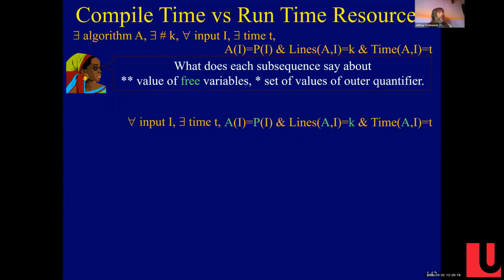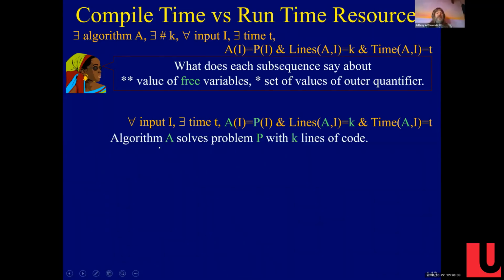Okay, great. So now we bring in for all input there exists a time, and so we have fewer free variables. So we want to talk less about the input and less about the time.